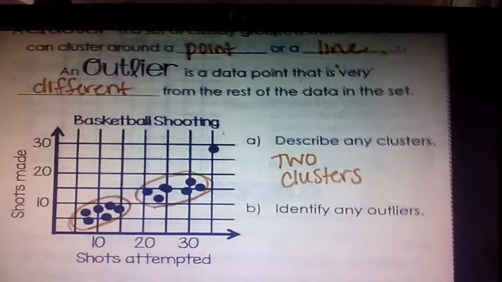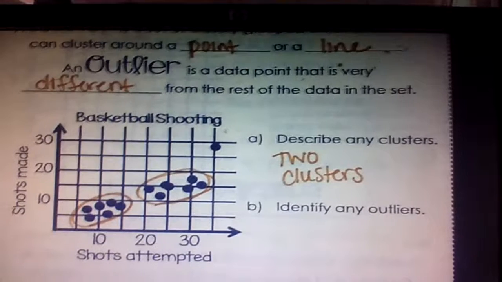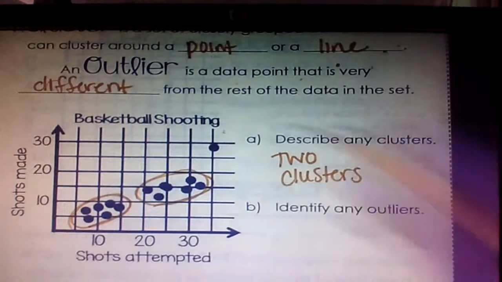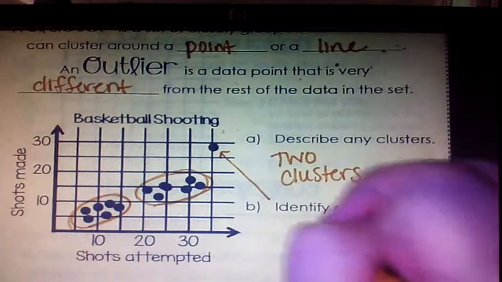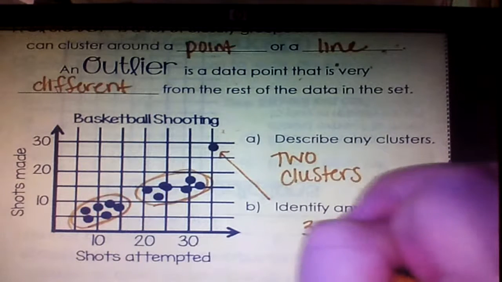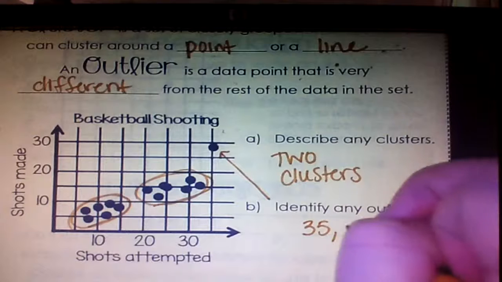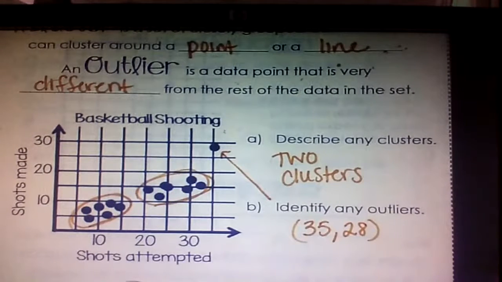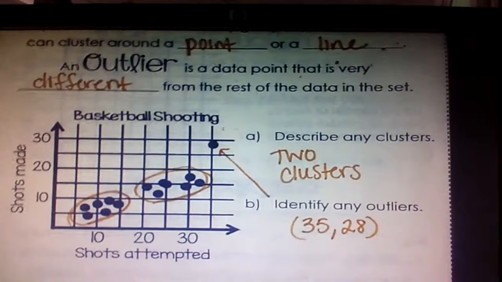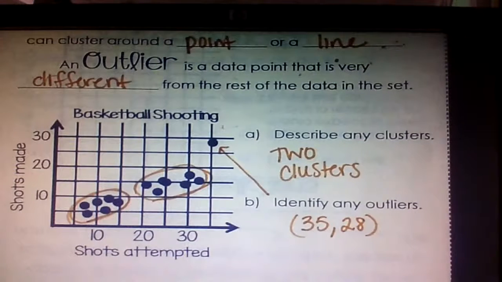What's my outlier? What is that point? 35.29, 35.28. I would take either. It's pretty close.